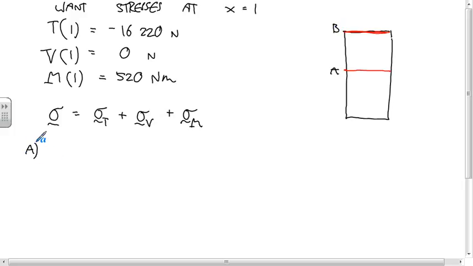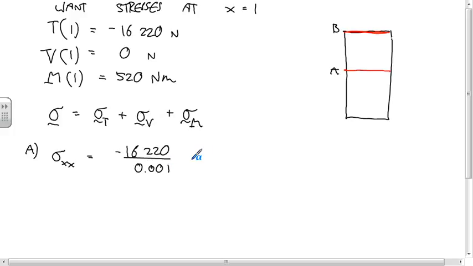For part A, how do we calculate the stress due to the tension? Yeah, that's right. So we have a compression at that point of negative 16,220. Divide that by the area, which is 0.0010. Am I missing a 0? 0.5.